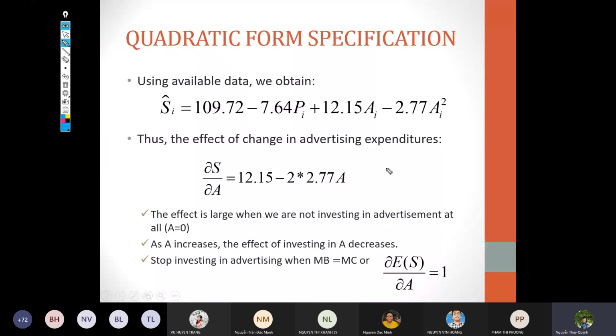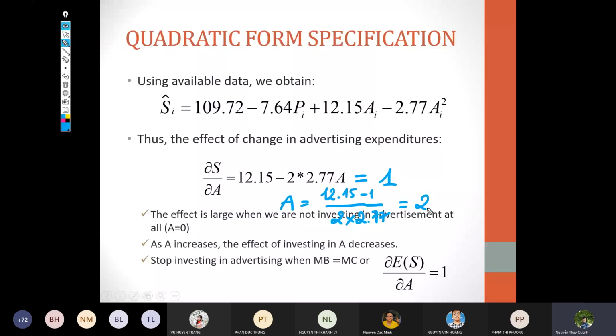So the optimum level of advertising expenditure is achieved when the marginal benefit, which is this one, is equal to the marginal cost, which is 1. And so A here will be 12.15 minus 1, divided by 2 times 2.77. And what is the value? 2.0126.